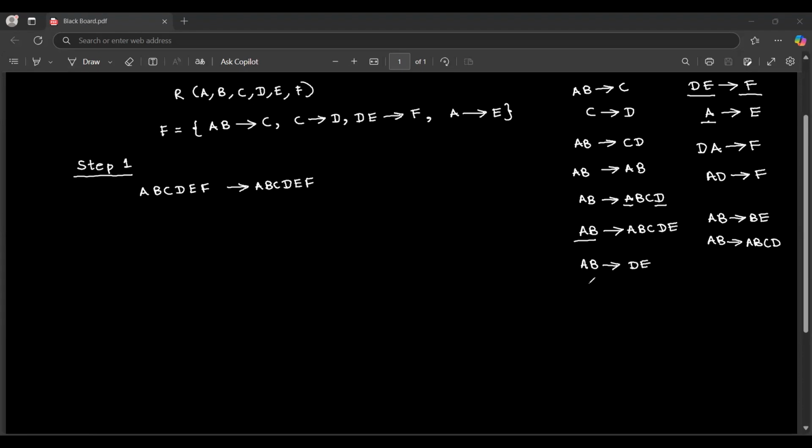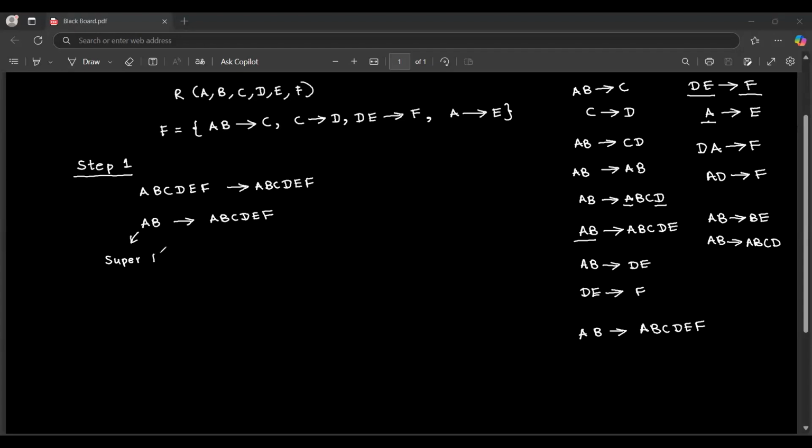And we also have DE functionally determines F. So AB functionally determines A, B, C, D, E, and F. Okay, that's it. So we have come to a conclusion that AB is a super key.